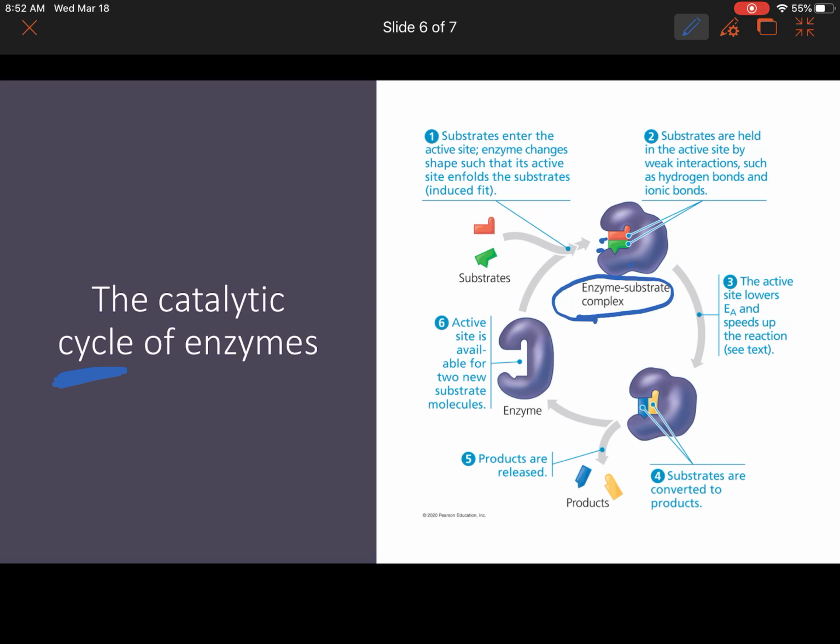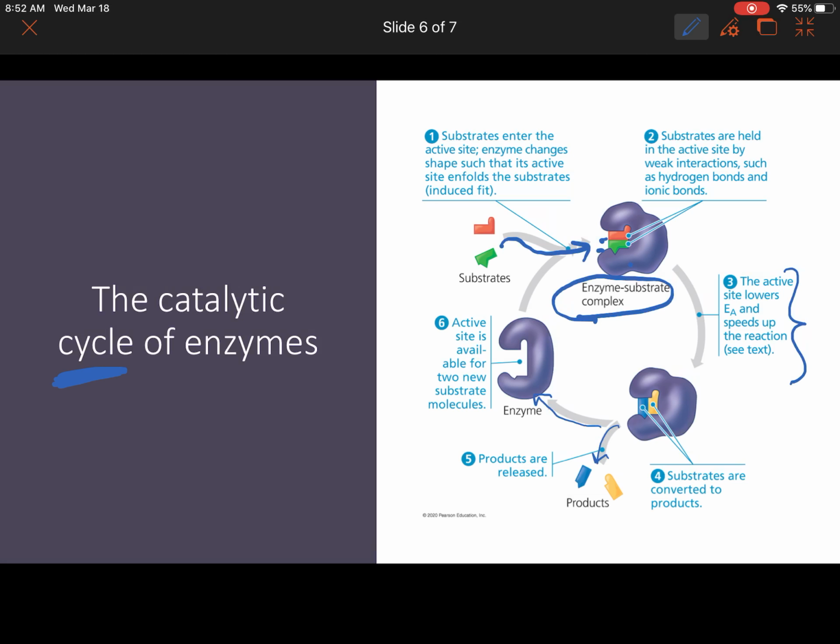Okay, so the enzyme stresses the bonds in the substrate. It makes them easier to break, which lowers the energy of activation, which speeds up the reaction. Okay, the products are going to be created, and then those products are going to be released, and then the enzyme returns to its original conformation, and it's ready then to pick up more substrates and do the same thing over again.